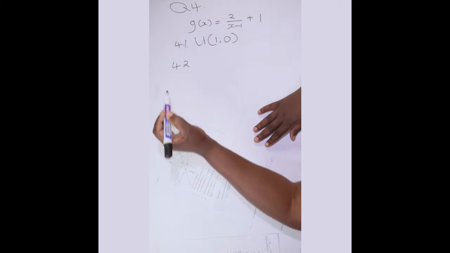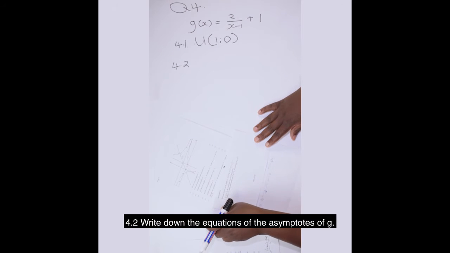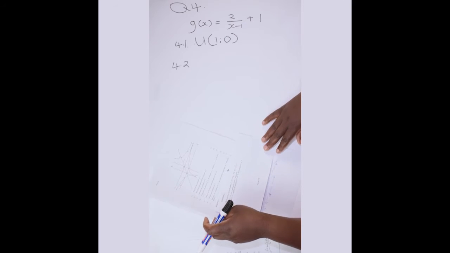When we go to 4.2, they say write down the equations of the asymptotes of g. They are repeating something here. Remember, for you to realize u, you were looking at the asymptote of g. Now they are saying to you, write down the equation.